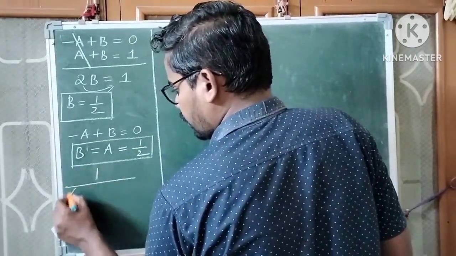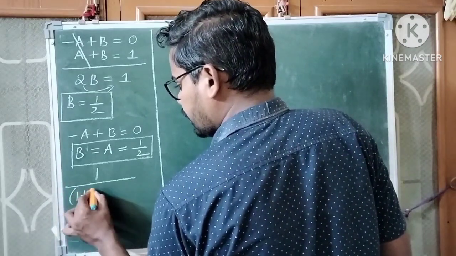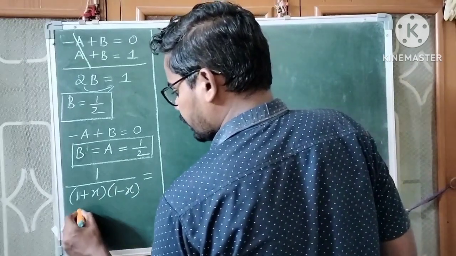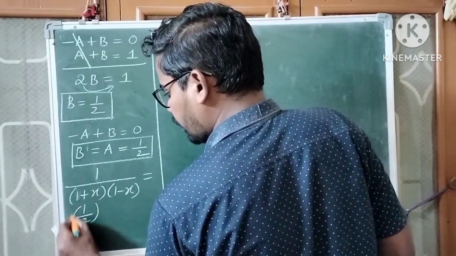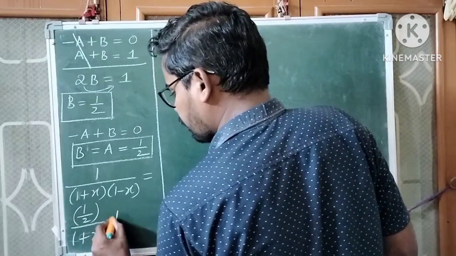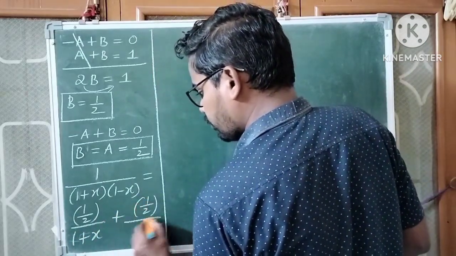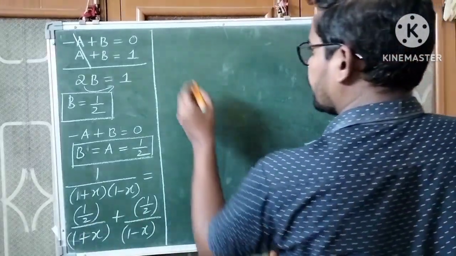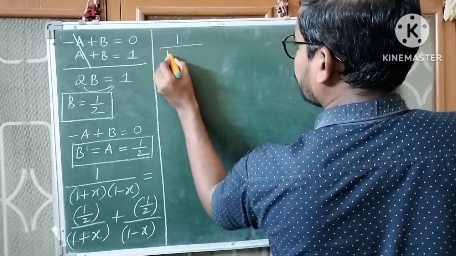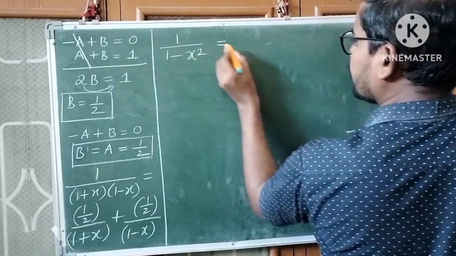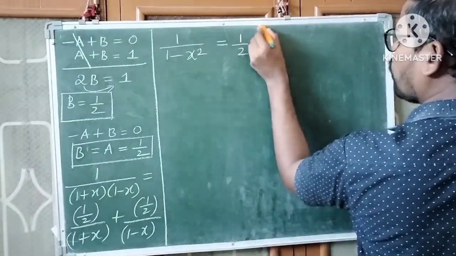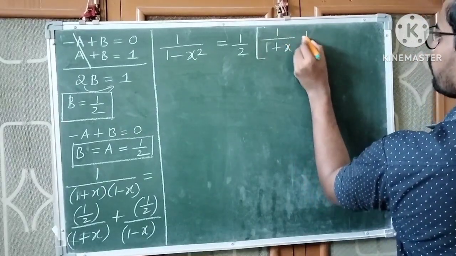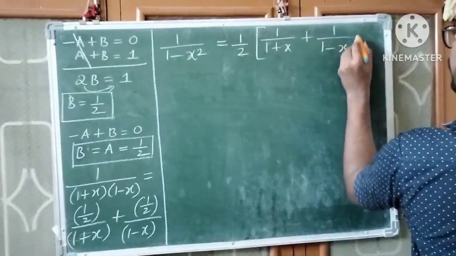1 by (1 plus x)(1 minus x) is equal to a by 1 plus x plus b by 1 minus x. The a value is 1 by 2, so 1 by 2 by 1 plus x plus 1 by 2 by 1 minus x. Okay. So at last, the partial fractions of 1 by 1 minus x square is equal to 1 by 2 of 1 by 1 plus x plus 1 by 1 minus x.